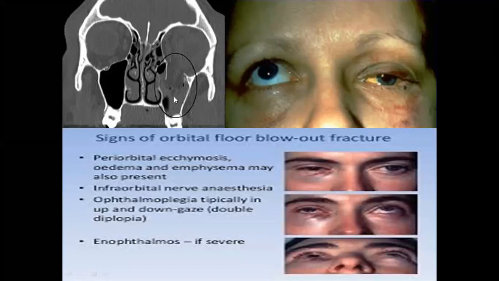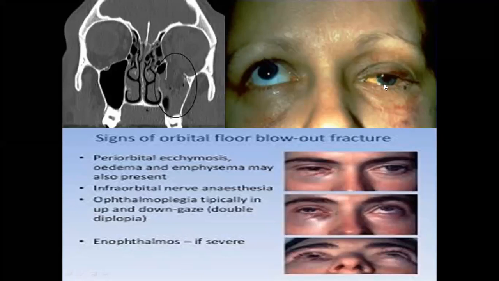It causes enophthalmos. Enophthalmos means when the eyeball sinks down or goes posteriorly into the orbit. So this is called enophthalmos.